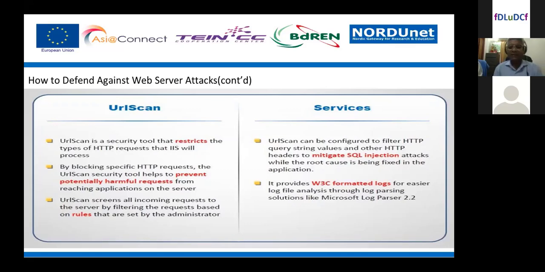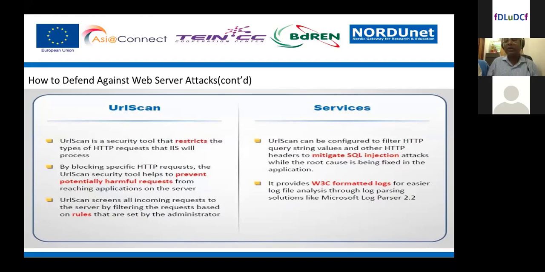And what are the services? URL scan can be configured to filter HTTP query string values and other HTTP headers to mitigate SQL injection attacks while the root cause is being fixed in the application. So if you configure the URL scan to filter the HTTP query, it can protect your server from SQL injection.